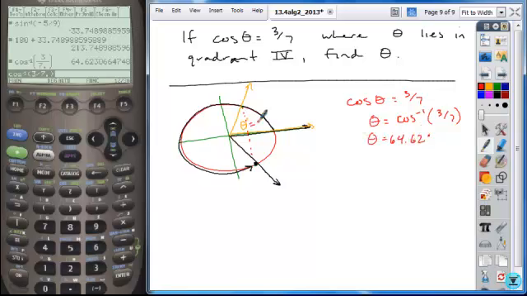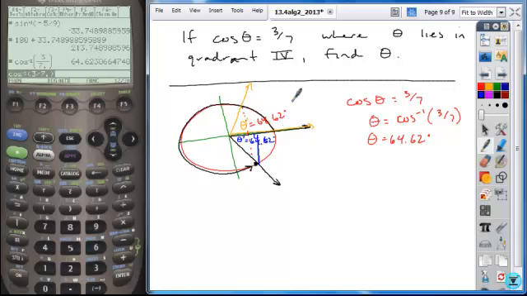Okay, but that's this angle right here, 64.62 degrees. But not only is it this angle, it's also the reference angle if we were to create our triangle. So if we create the right triangle and our reference angle, this reference angle is going to be the same exact measure, in this case 64.62.